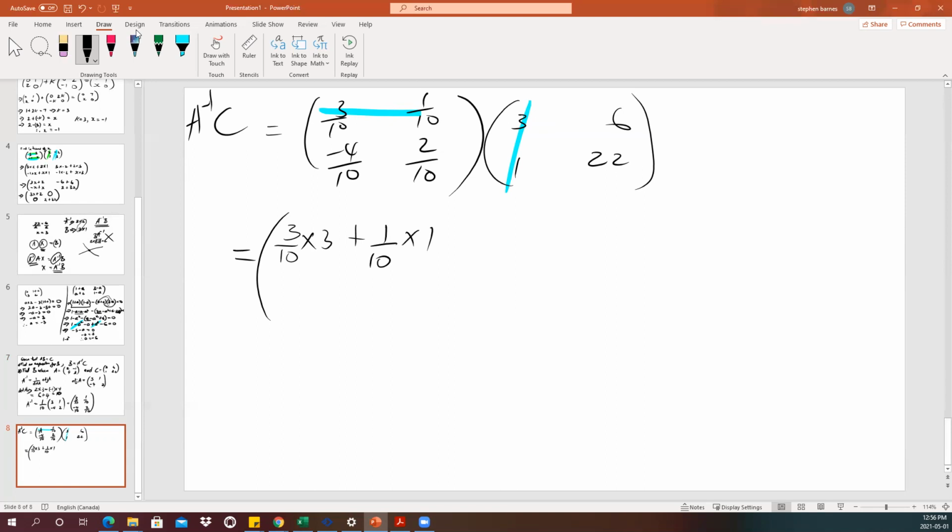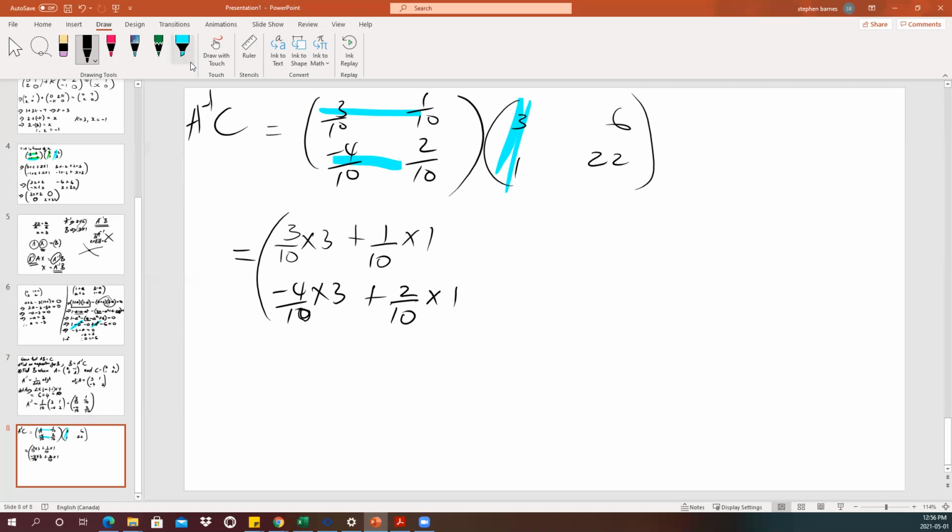So luckily the numbers are not too tough to do, right? This times that. So I have a minus 4 over 10. Of course, it's going to be simplified, but we're going to leave it like this for now. So minus 4 over 10 times 3 plus 2 over 10 times 1.